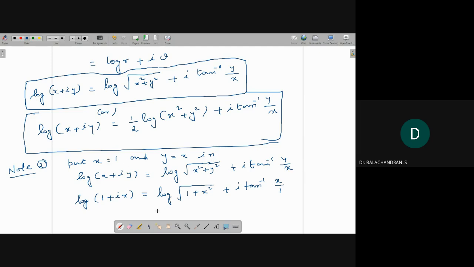There is no need to write x by 1, just write x.